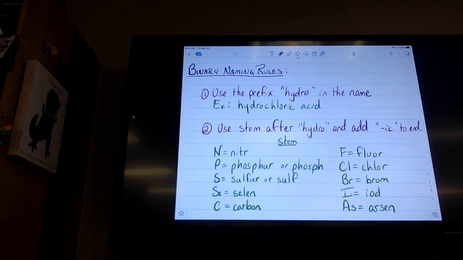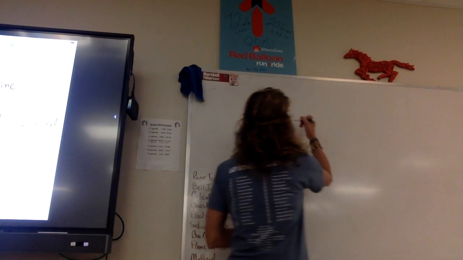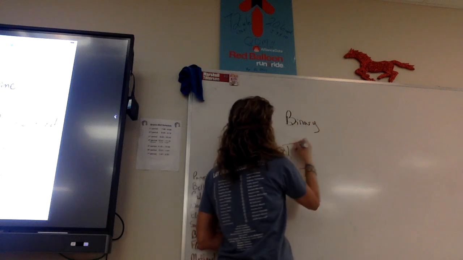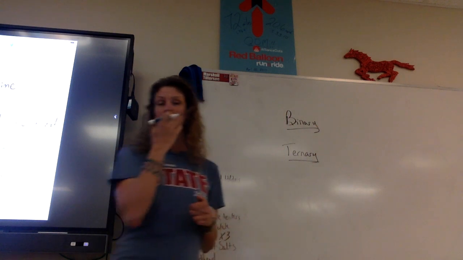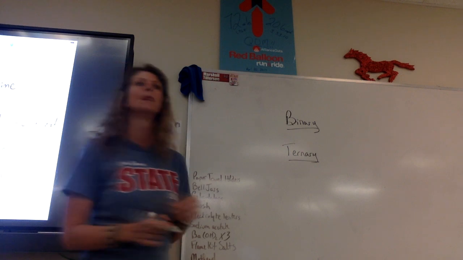Okay. The first thing we need to talk about is what binary and ternary are, again, because that was something you learned with the sub, so I want to make sure that's very clear. If you need to jot it down so you remember, you learned binary and ternary day before yesterday.